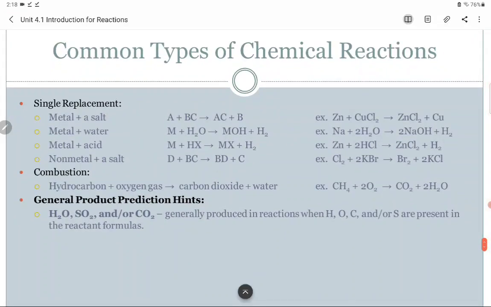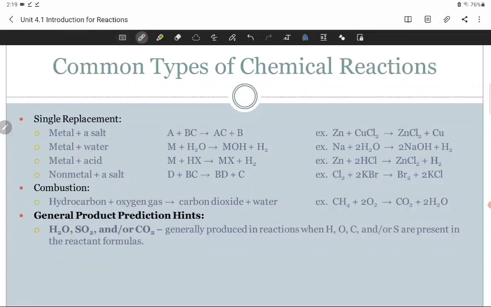Here's a couple. You probably learned single replacement last year. Probably learned combustion, and here's a couple different types of those. For us, combustion is going to be perfect combustion, which means that for every organic molecule, it will be completely converted into carbon dioxide and H2O.